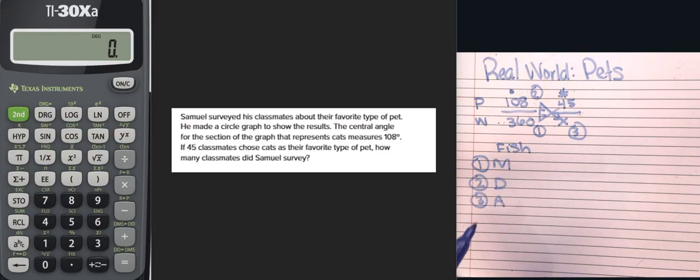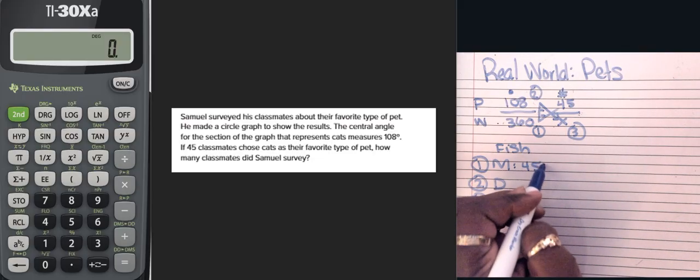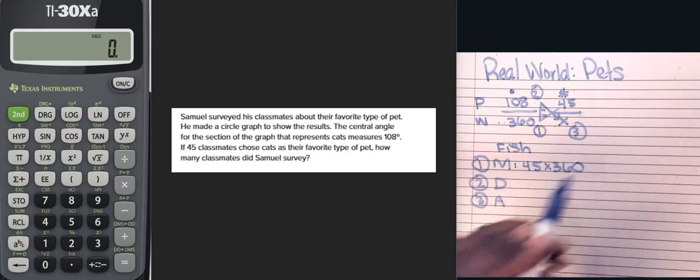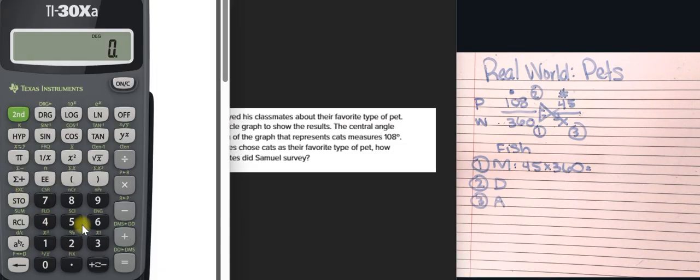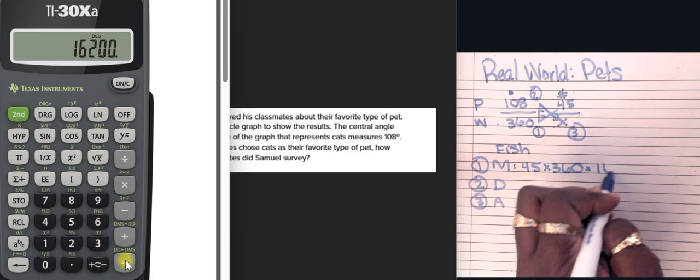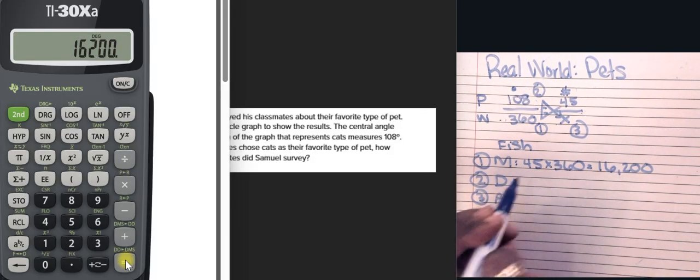So we multiply 45 times 360, which gives me 16,200. We're going to take that 16,200 and place it here.